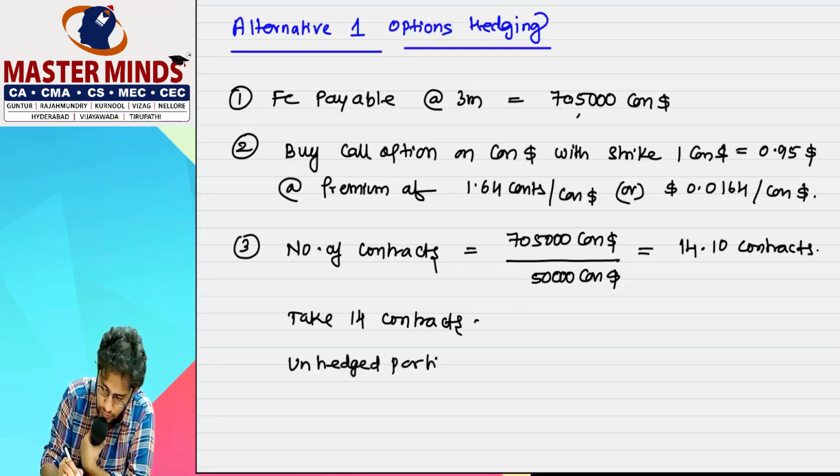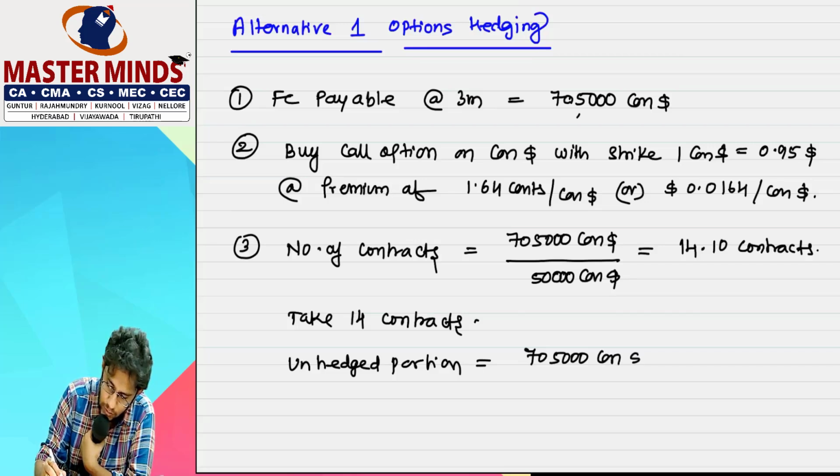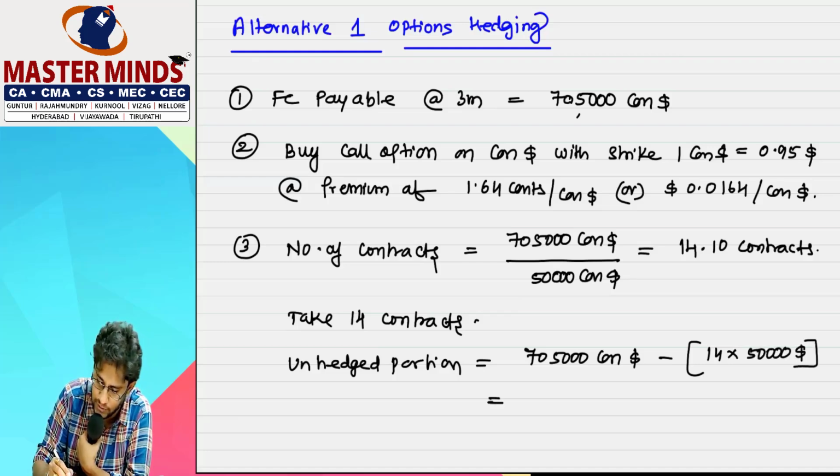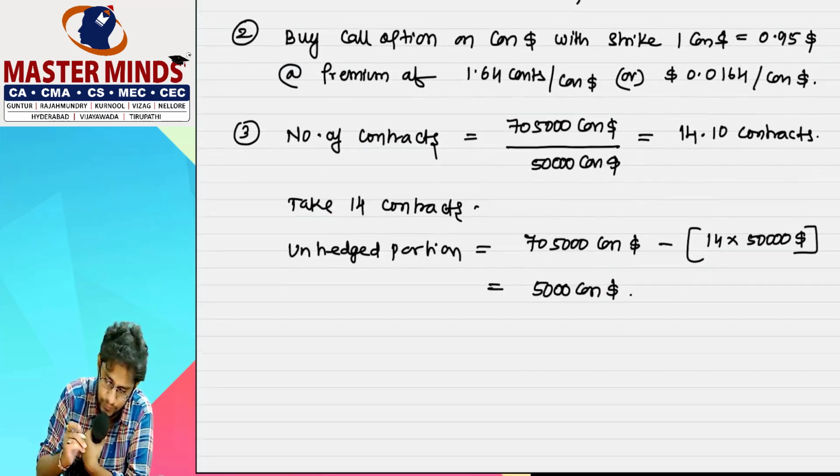Unhedged portion is equal to total FC payable 7 lakh 5,000 CAN dollars minus 14 contracts into 50,000, so you will be hedging only 7 lakhs. So 5,000 CAN dollars unhedged.